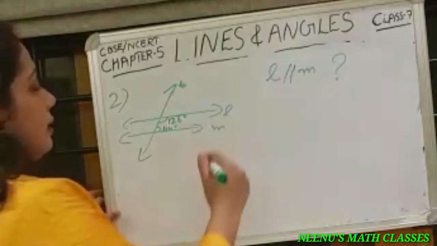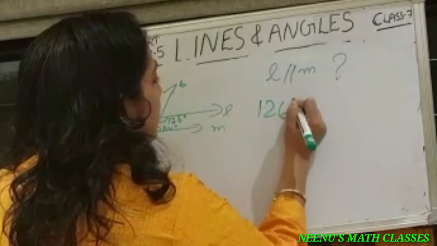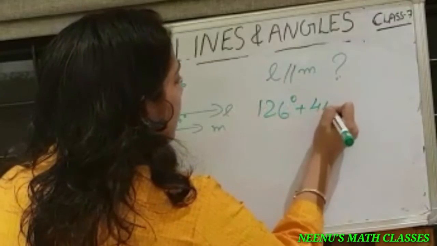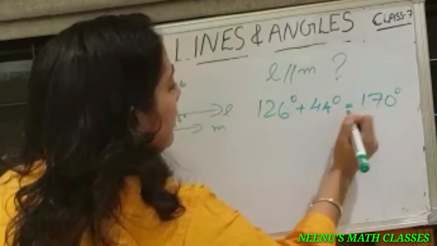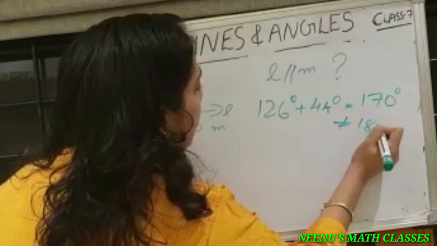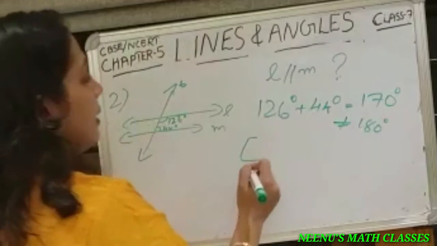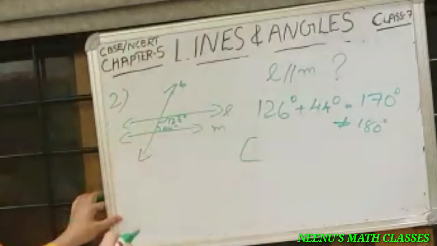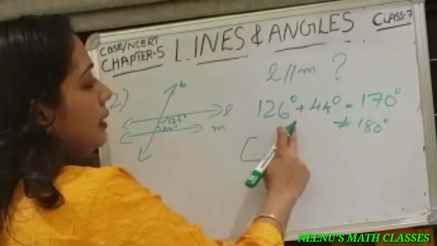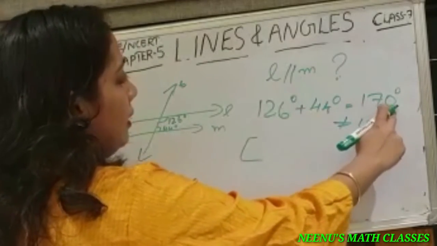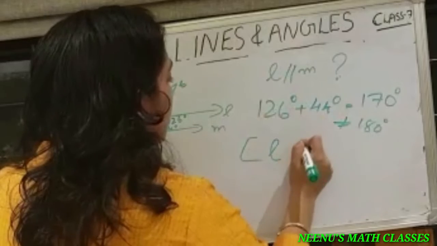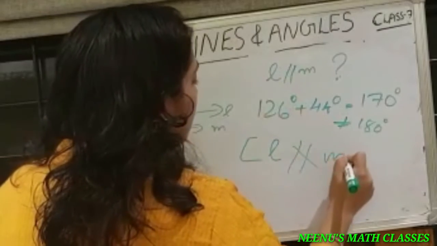So we have to check 126 degrees plus 44 degrees. We will get only 170 degrees, not equal to 180 degrees. So L is not parallel to M.